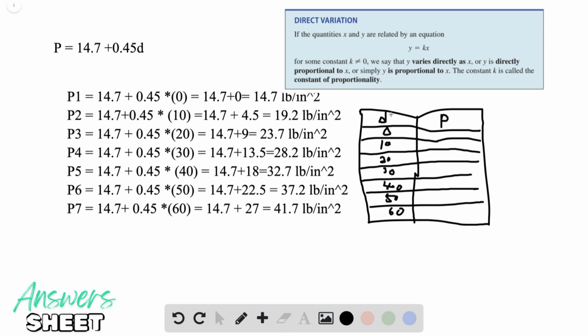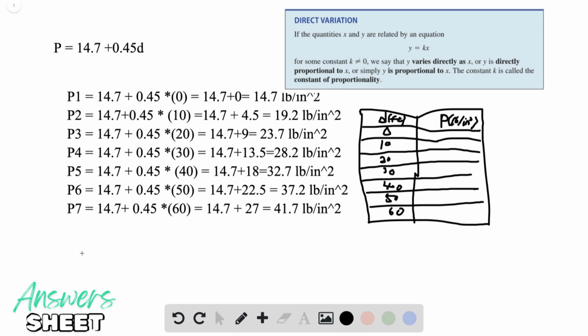And you can just write the unit here, and the unit was feet. And here it was pounds per inch squared. So that's the first question. Basically, you just have to plug it in and get the right value.